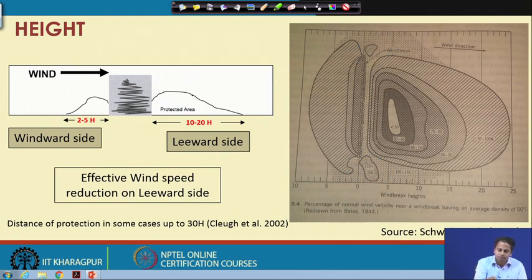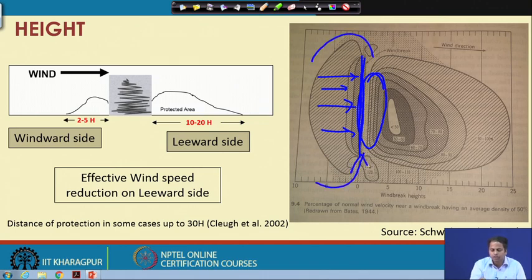When you design and construct a windbreak, our objective is to stop the wind or reduce the wind speed, but it forms a low pressure area over these regions. Because of this low pressure area formation, wind from the neighboring side will rush in to fill it, and the wind speed will increase over this region. These are the regions where we get maximum speed. So you need to be very careful while deciding the length of the windbreak. We will discuss this in the subsequent slides as well.